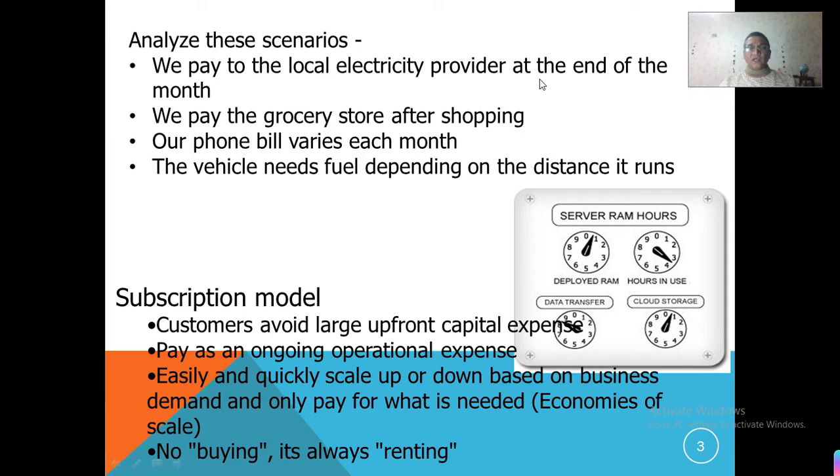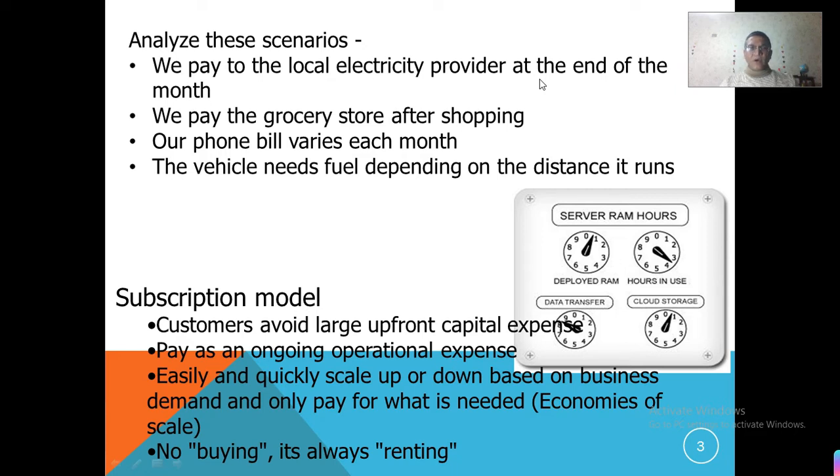You are allowed to use more electricity provided you pay for the additional usage. You are allowed to take more grocery provided you pay more. That gives us the flexibility to reduce and increase our consumption based on our requirement. We are not bound to use on a fixed basis. If you are using a vehicle or a phone, we are free to use whatever our usage is. We are not bound to pay a fixed amount for using these services.